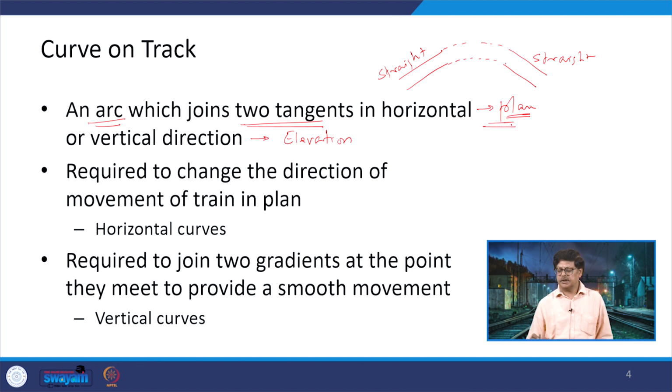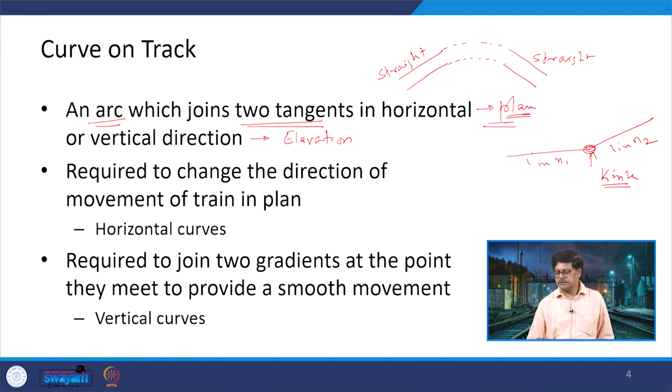The other condition can be that we are moving on a track and this profile has certain gradients. Say there is a gradient of 1 in N1 followed by another gradient of 1 in N2. Now at this location where these two gradients meet, a kink has formed and this kink should not be there in the track.